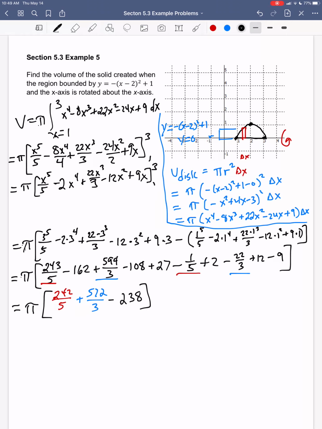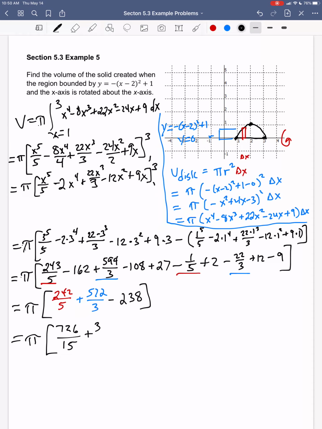So I'm going to convert everything to 15. I'll multiply top and bottom by 3. So that gives me 726 over 15. I'm going to multiply here by 5, top and bottom.